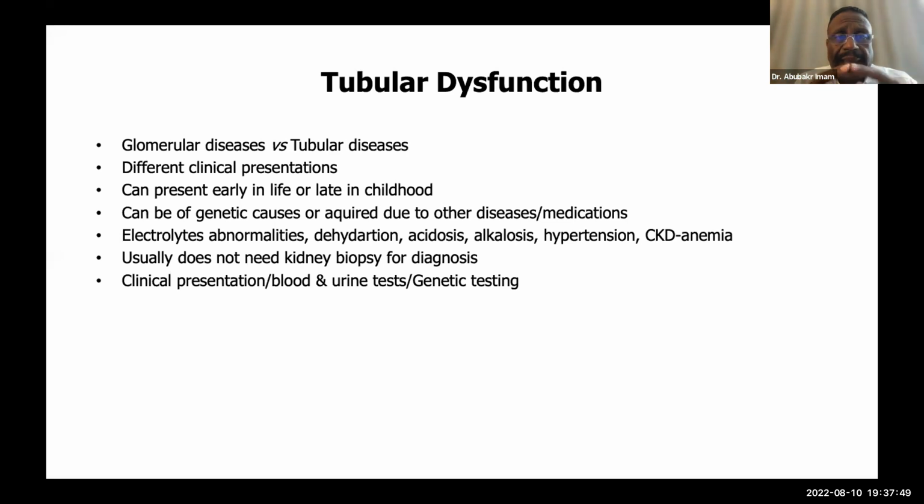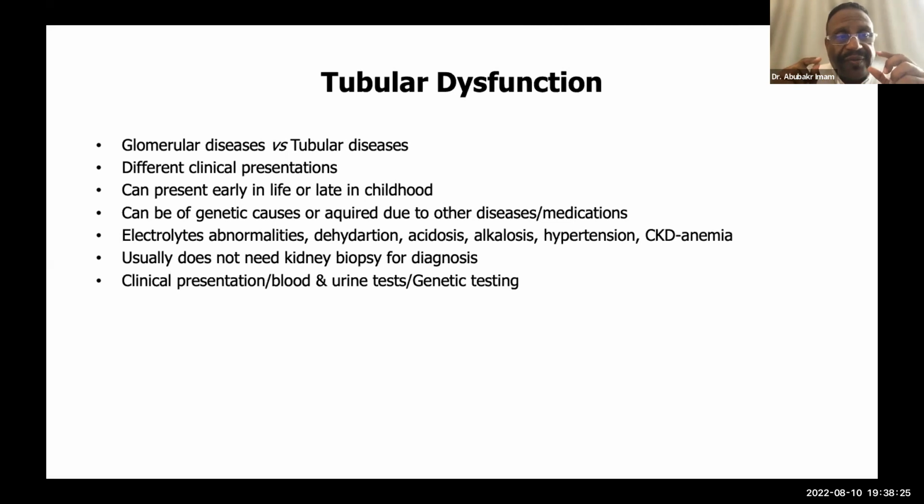So any tubular disease will have problems with what the tubules are supposed to do, which is mainly the reabsorption of certain electrolytes and the control of acid-base balance. And as we're going to see, certain diseases such as hypertension and chronic kidney disease can happen in tubular dysfunction.